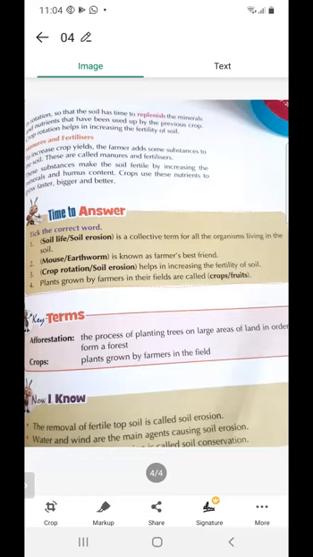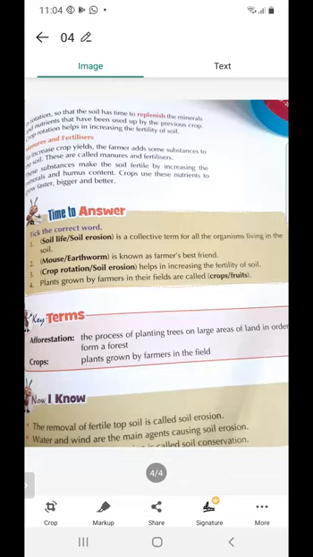Second is dash is known as the farmer's best friend. Answer is earthworm. Third is dash helps in increasing fertility of the soil. Crop rotation. Fourth is plants grown by the farmers in their fields are called crops.